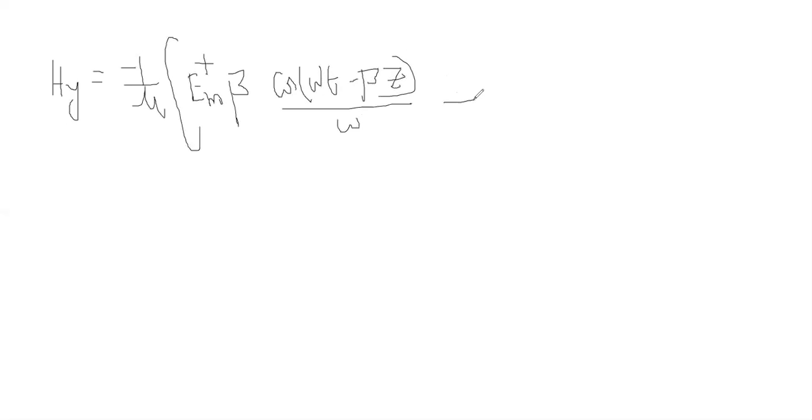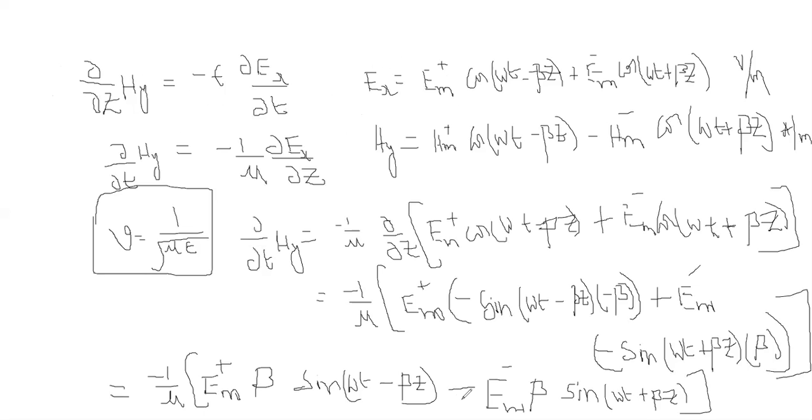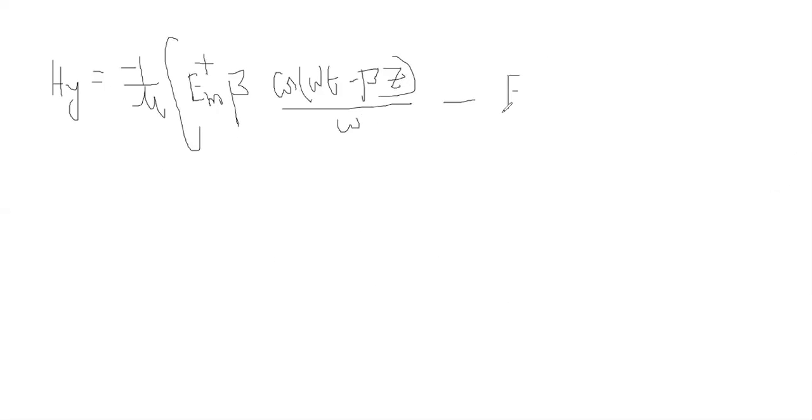Then minus, you see here the second term having the minus is there. Em minus and beta. Now I can apply the integral of sine function is a cosine, cos omega t plus beta z, whole divided by the omega. Why I'm writing the word divide by? Because we are applying here the integral.